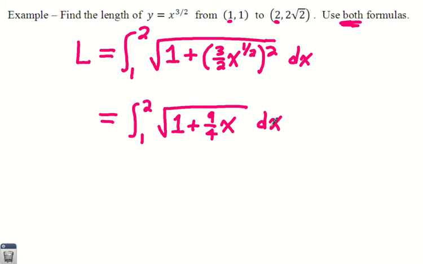So close that square root, comma x, comma 1, comma 2. Close that whole function integrate thing. And it looks like we get approximately 2.086.